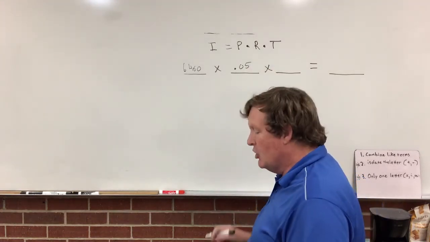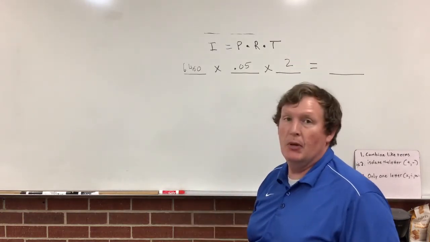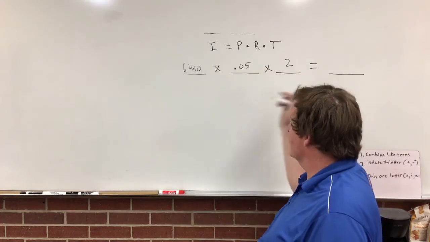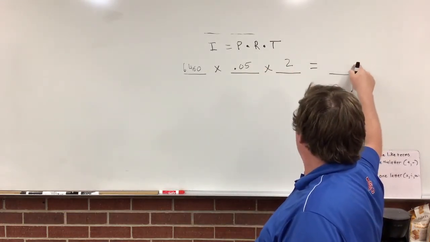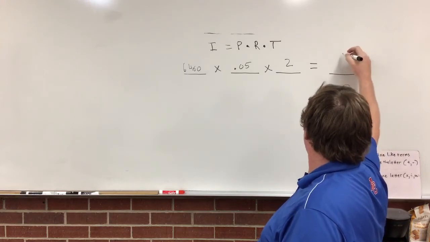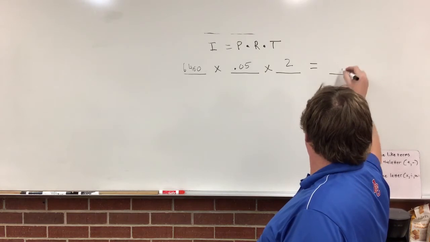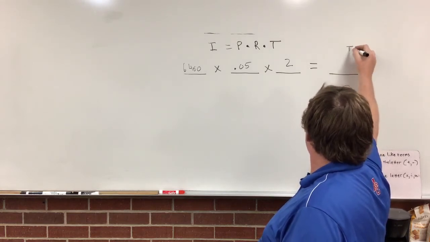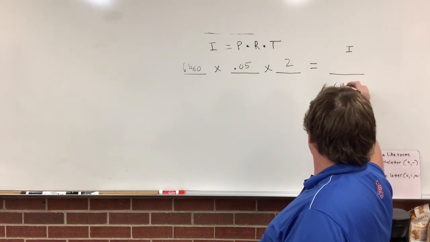Then they say for 2 years. Okay, so that's the simple interest formula right there. So we go this times this times this, which gives me an interest. Then whatever this interest is, we're going to add it back to the principal.